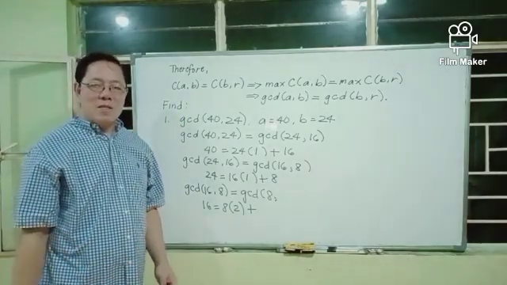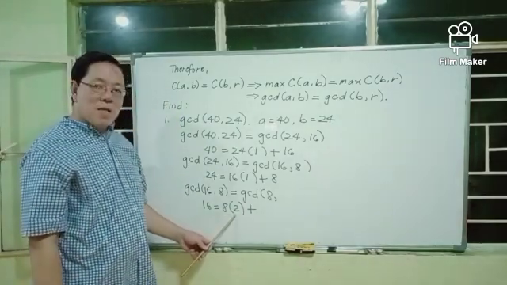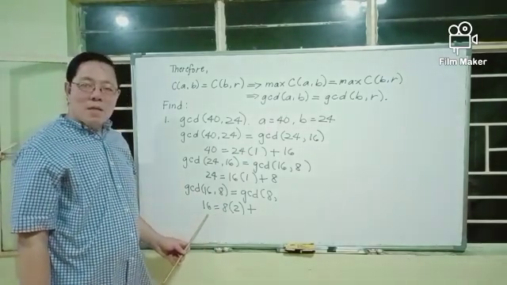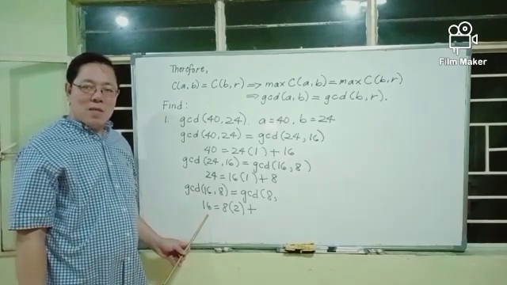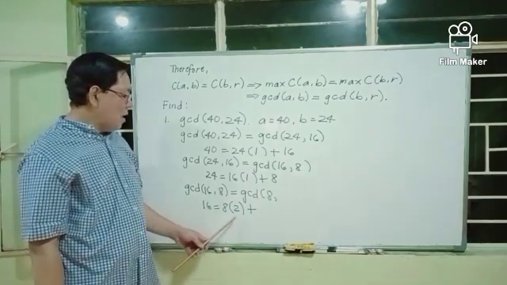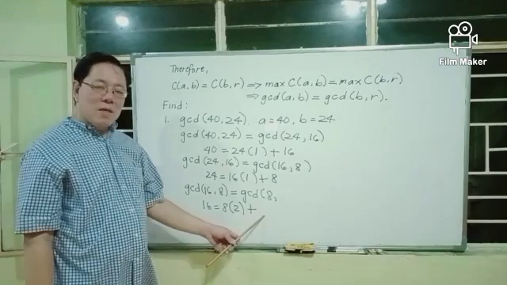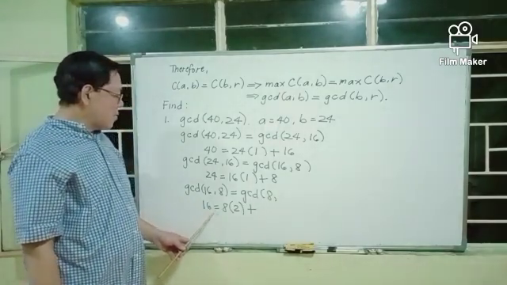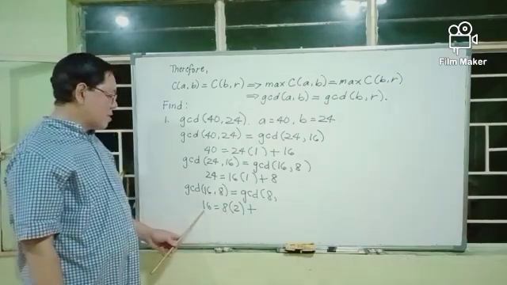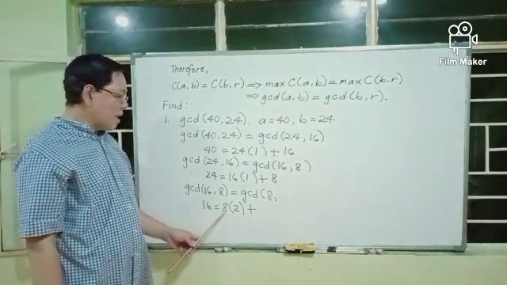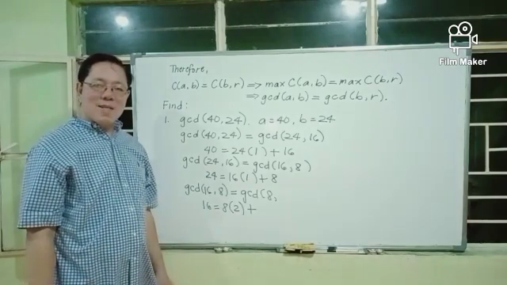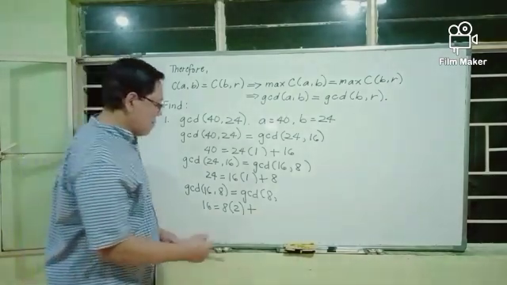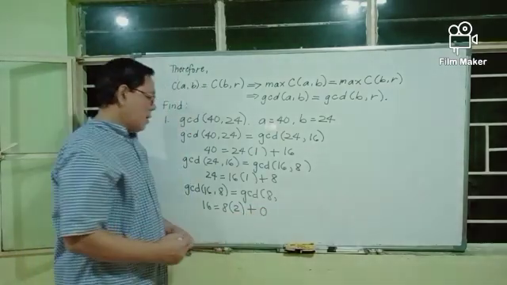Always take the largest integer such that when you multiply that integer by B, the product is less than or equal to A. Now, what integer should be added here so that the equality remains true? Again, we subtract 8 times 2 from 16, or 16 minus 8 times 2. That's 16 minus 16, 0. So we add 0 here.